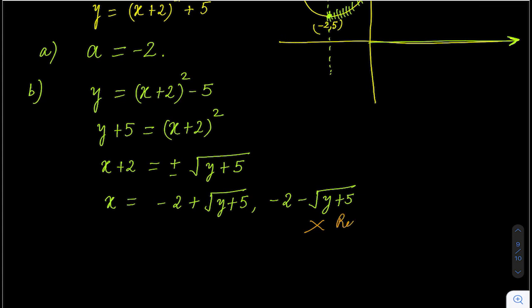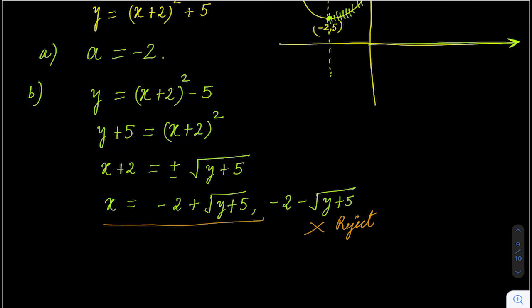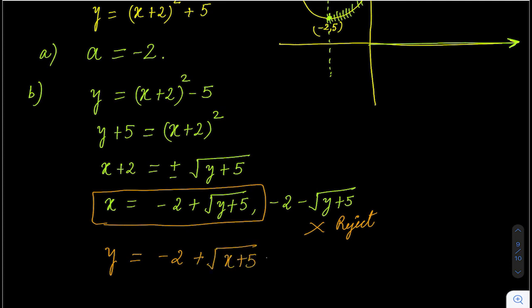So obviously you have to reject this. So this answer is accepted. Minus 2 plus root of y plus 5. Now then we will interchange x and y. So my final answer is y is equal to minus 2 plus root of x plus 5, and this will be my f inverse x.